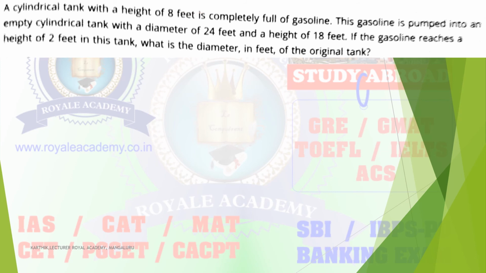So the original tank diameter you have to determine. I hope all of you understood. So first tank, it has a height of 8 feet. Diameter we don't know, so you have to determine. Okay, second tank, the height is 18 feet, and the diameter is 24 feet.